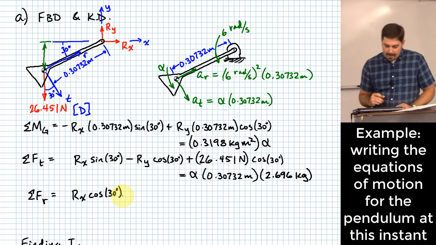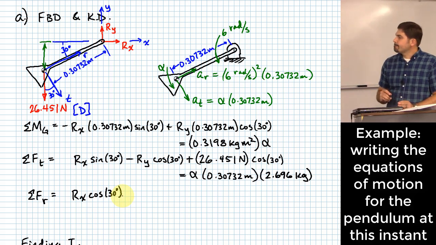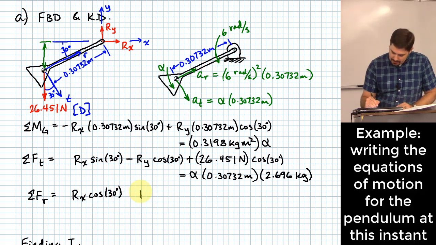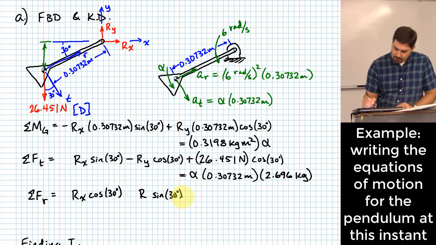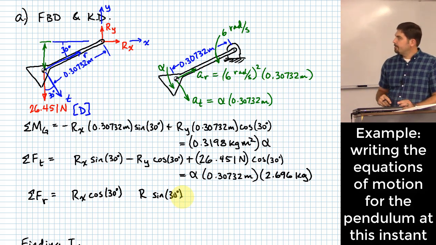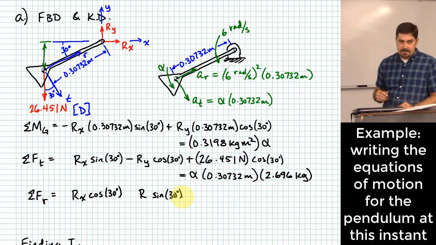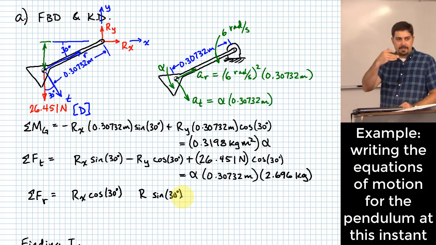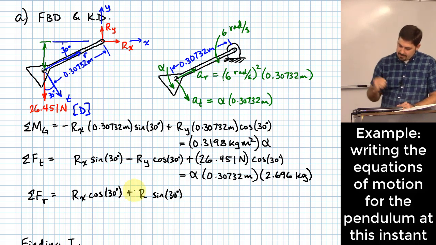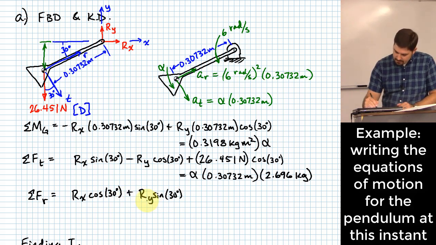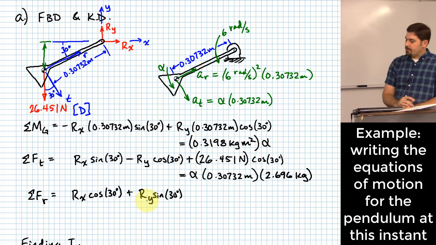What about Ry? Probably need a sine of 30 degrees for that one, positive or negative. Question is, does it basically align or anti-align with the direction I showed there for r? It looks like it lines up, right? It agrees with it more than not. So I add that Ry sine of 30 degrees.